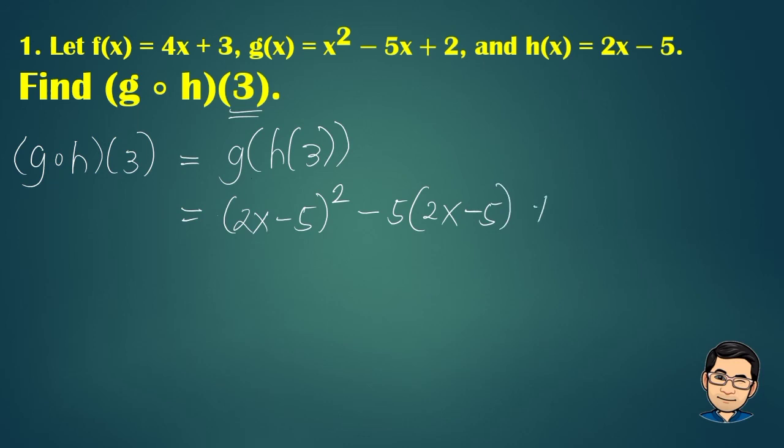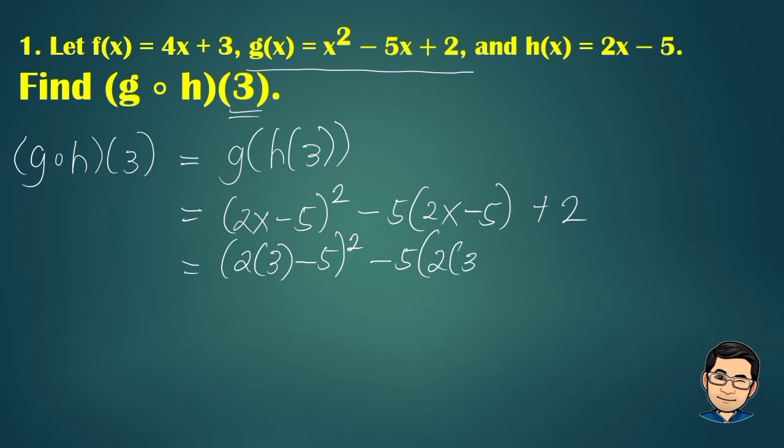plus 2. Next, so after po natin mai-substitute yung h of x sa g of x, na x squared minus 5x plus 2, tsaka po natin isa-substitute yung 3. Okay, 2 times 3 minus 5 squared minus 5 times 2 times 3 minus 5 plus 2.